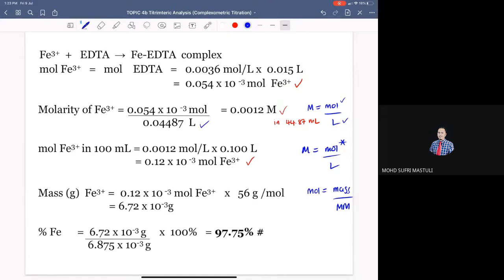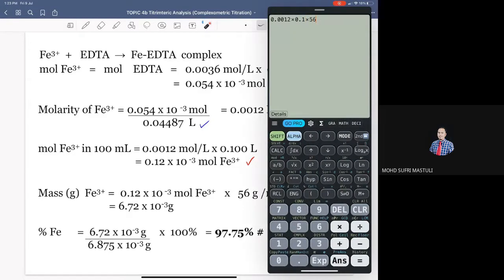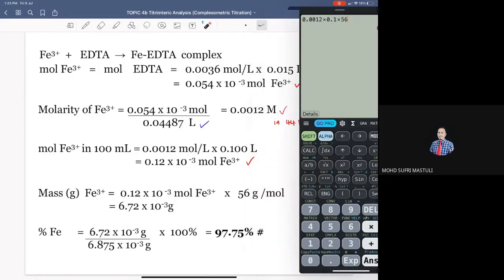The molar mass of Fe from the periodic table is 56 gram per mole. So you can calculate the mass: 0.12 times 10 to the power minus 3 times 56, and you obtain 126.72 gram.